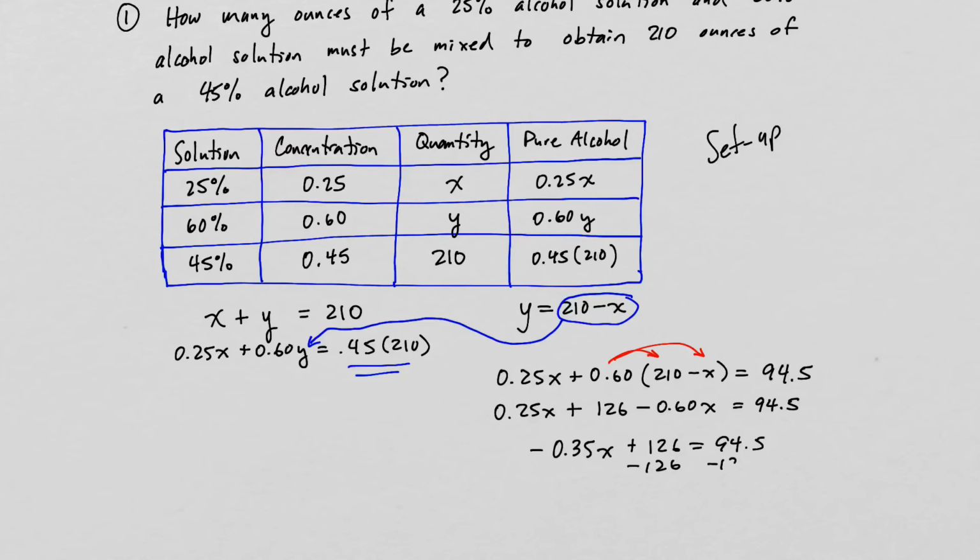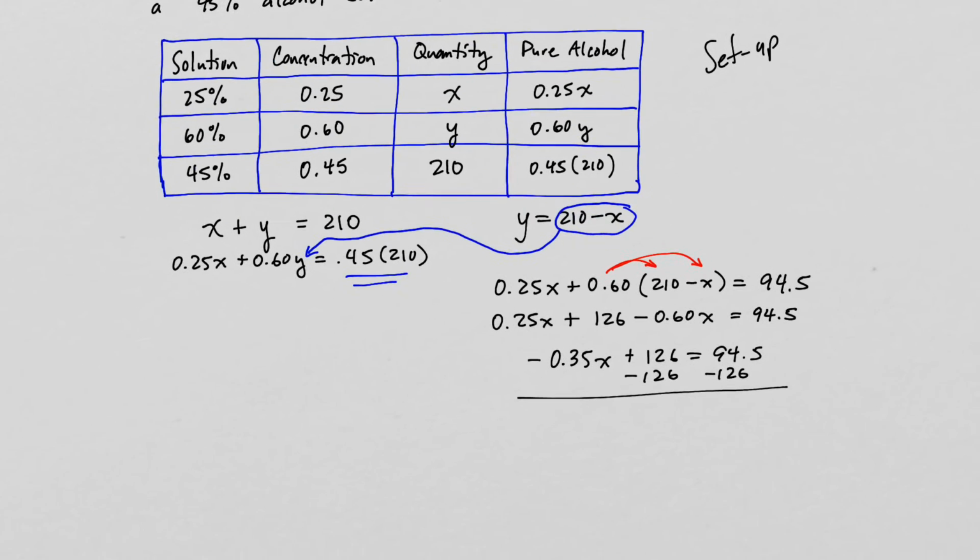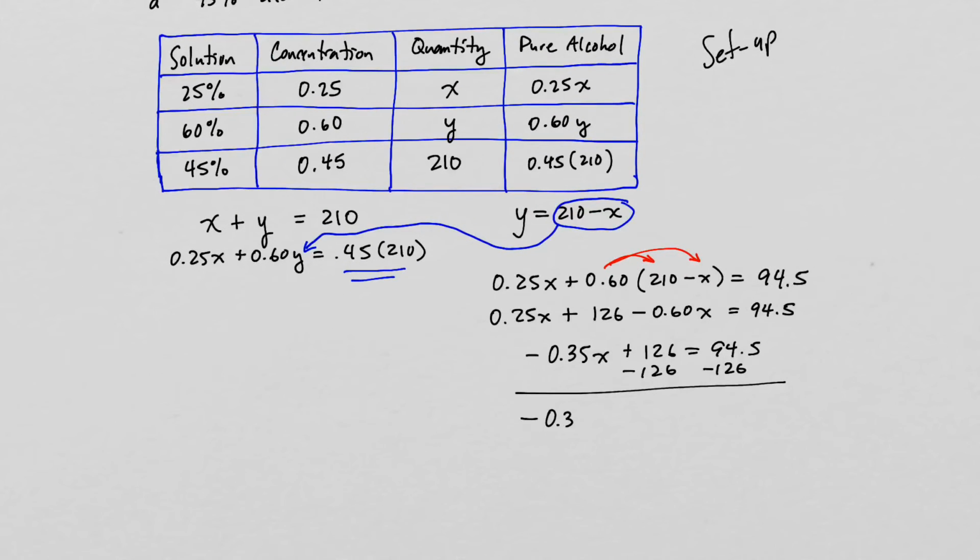Subtract 126 from both sides, and this gives us negative 0.35X is equal to negative 31.5. And finally, I'm going to divide both sides by negative 0.35. And that gives us X is equal to 90.